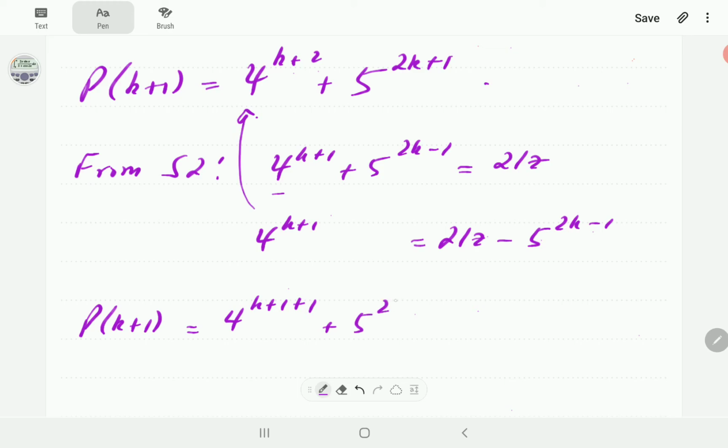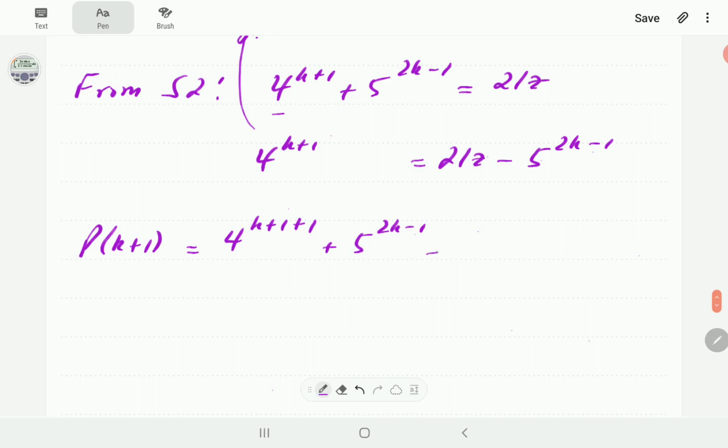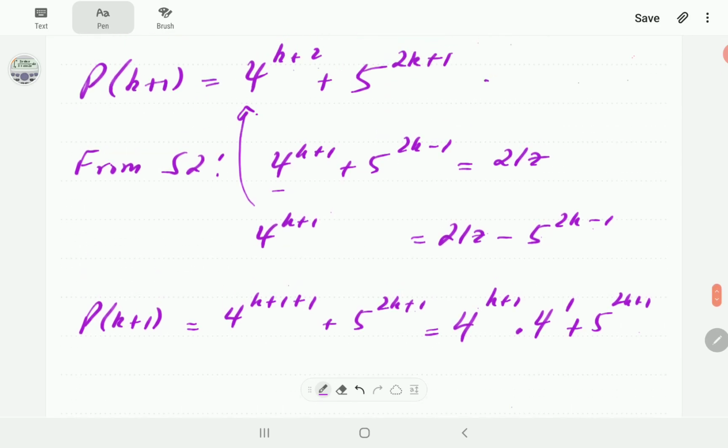It would appear like we're going in circles, but we aren't exactly going in circles. Then that first term, I can now write as 4 to the power k plus 1 times 4 to the power 1, plus 5 to the power 2k plus 1. Yeah, it's plus 1 here because I am rewriting this one there.